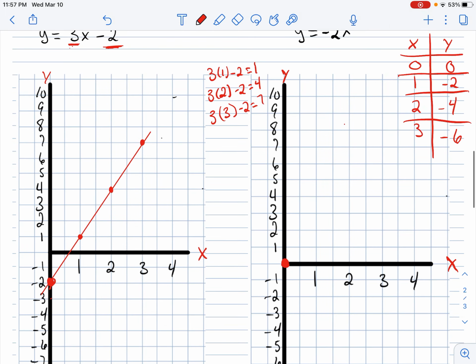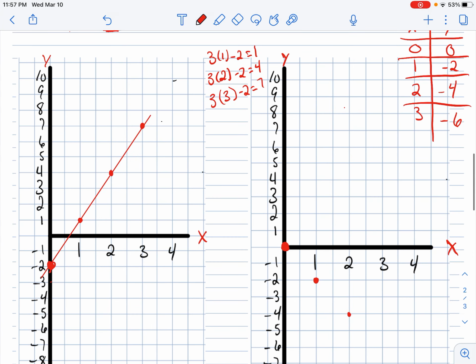So now to graph this, at 1 it's -2, at 2 it's -4, and at 3 it's -6. So once again, you can draw a line connecting all these points. And there we have our graph.